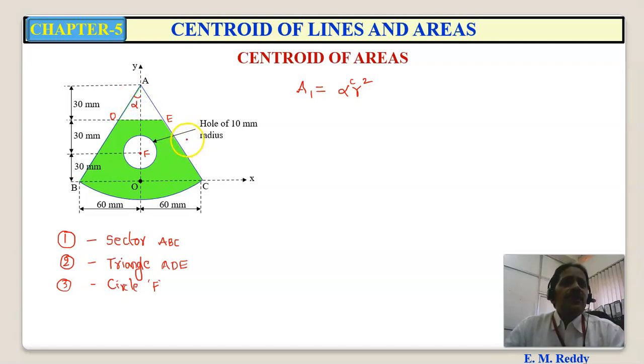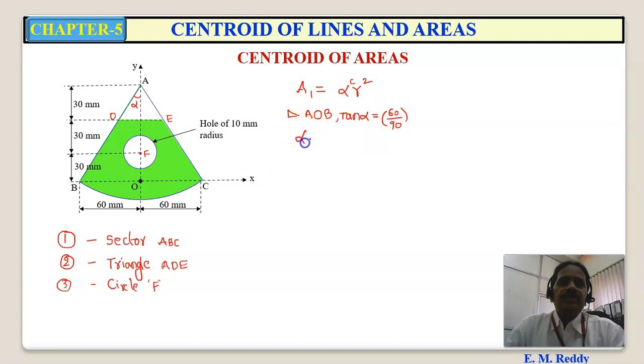Now from the right angle triangle AOB, we can write tan alpha is equal to opposite side, that is OB given as 60, upon adjacent side AO, that is 90. So it is 60 upon 90.